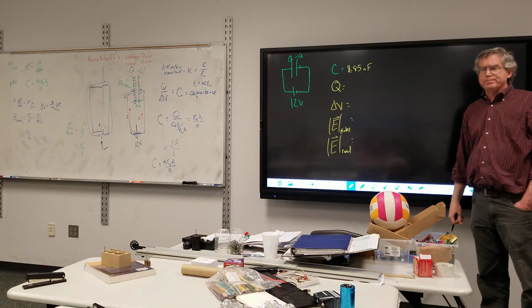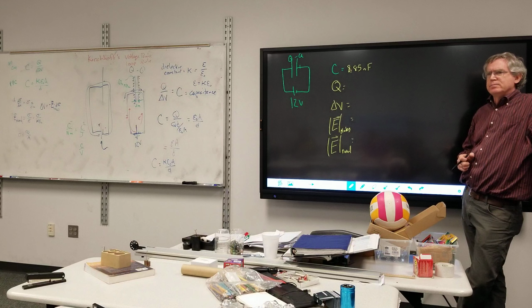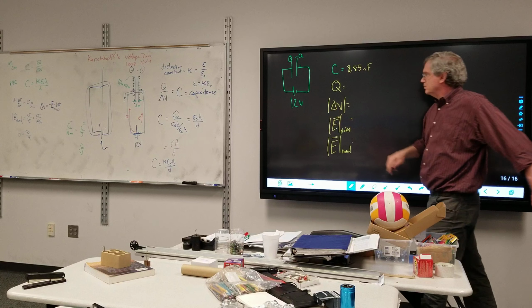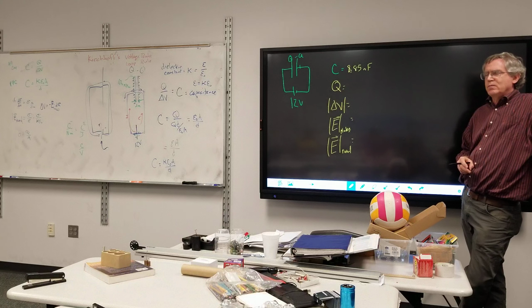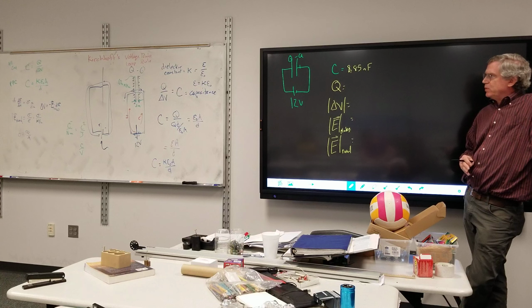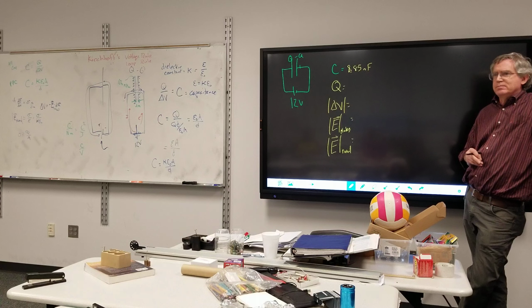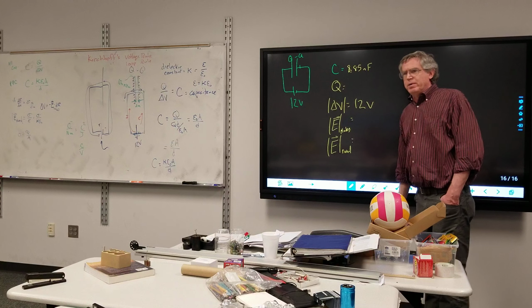What's the voltage across? Okay, I guess it should be more specific. The magnitude of it. What is the potential difference between the two plates in our situation here? 12 volts. Yep, 12 volts. What's the charge on the positive plate?